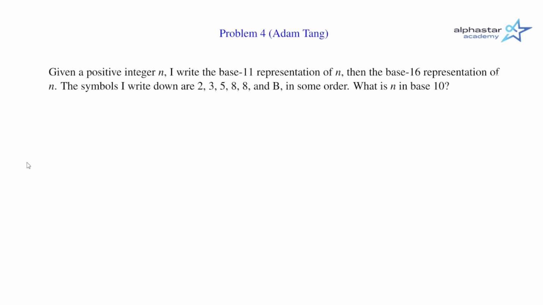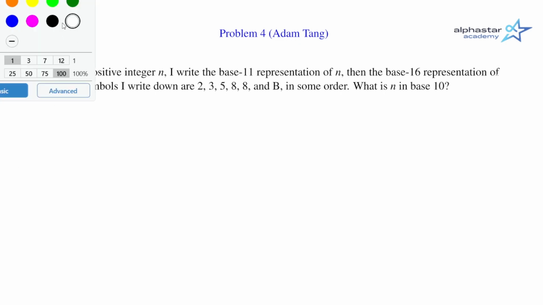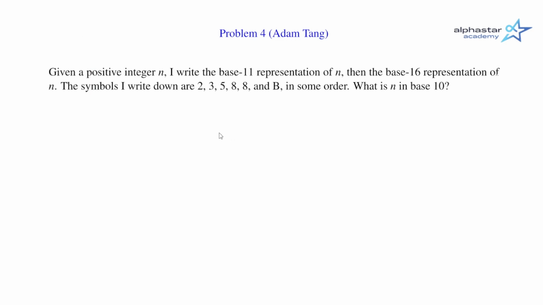Given these digits, let's first think about what possible digits could be in the base 11 and base 16 representations. Recall that a base 11 representation can only contain the digits 0 through 9, as well as the letter A representing 10, right?